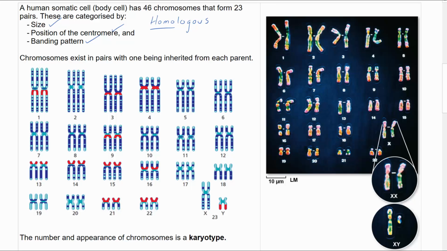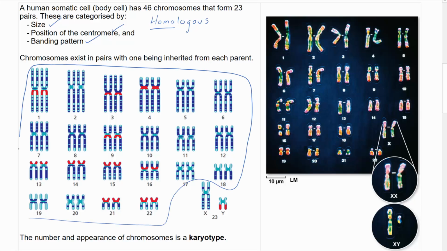So you can see here that in this case we have 22 homologous chromosomes. You've also got 2 chromosomes which are non-homologous, and these are the sex chromosomes because they determine the sex of an individual.